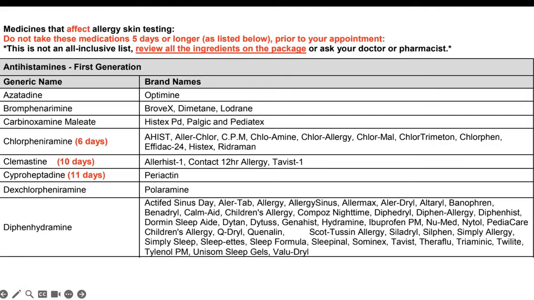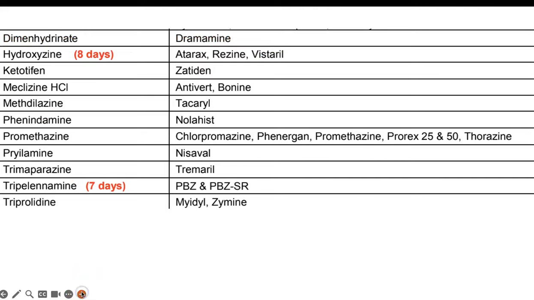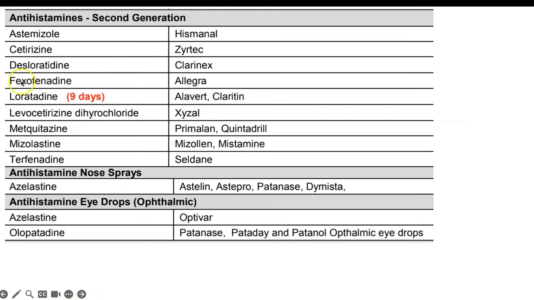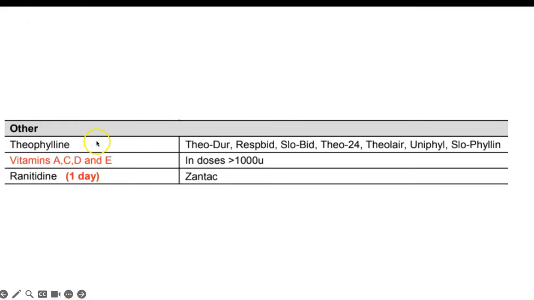These are the first generation antihistamines, and these again are first generation antihistamines. Then these are second generation antihistamines. These nose sprays and eye drops should also be stopped. Then we have other antihistamines that have to be stopped, like ranitidine, which should be stopped 1 day prior.